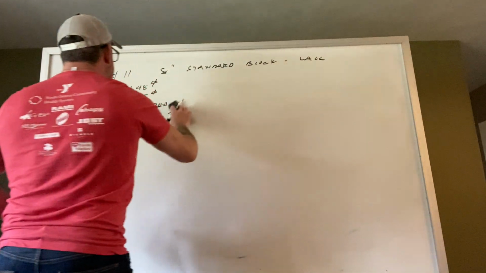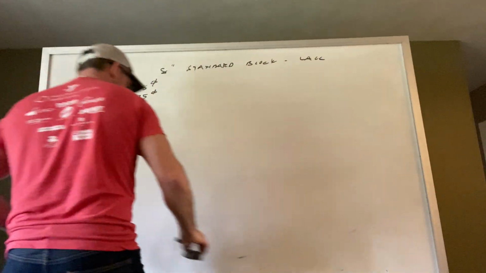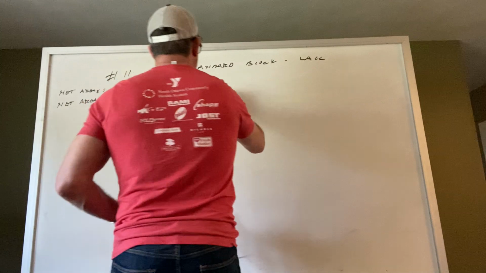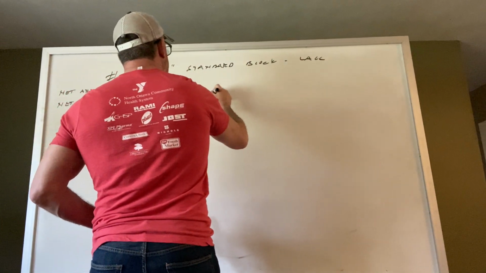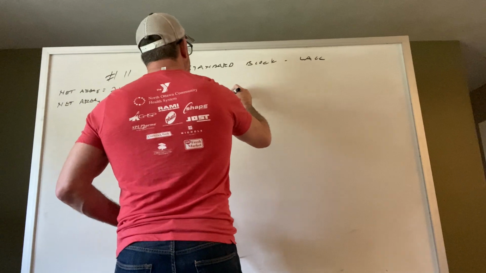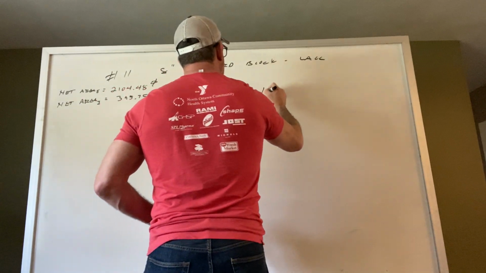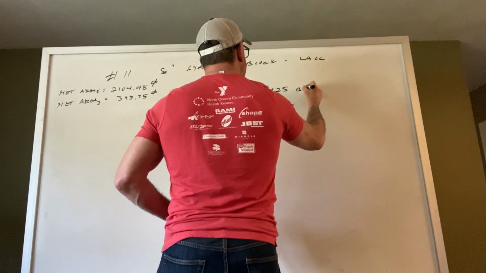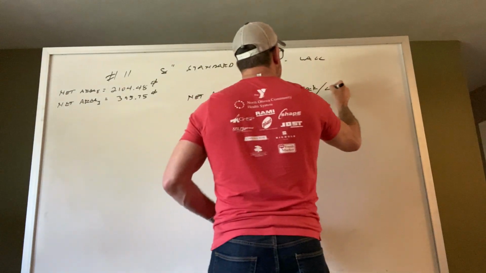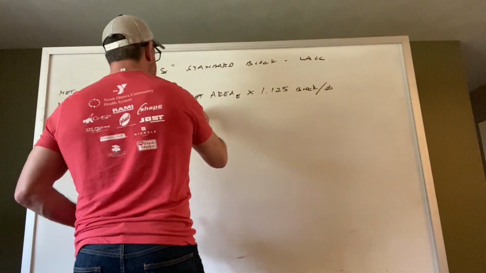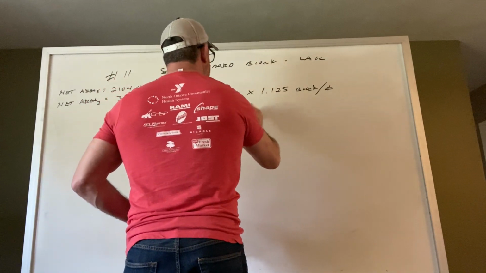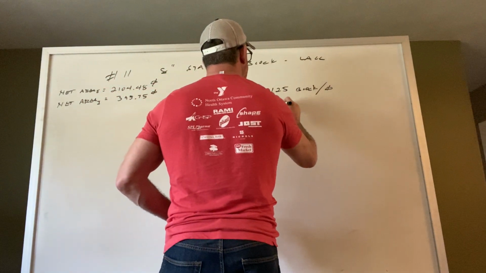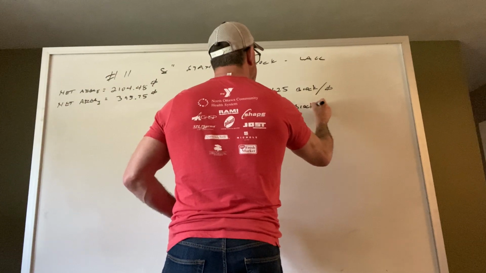And now we can finally go back to our last formula, which is going to be net area exterior times 1.125 block per square foot plus net area interior times 1.125 block per square foot.